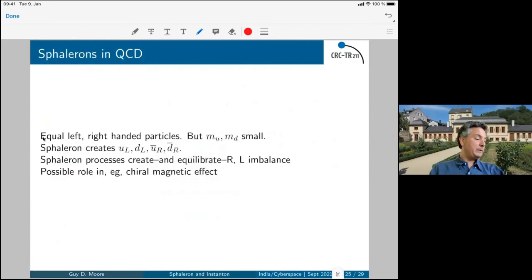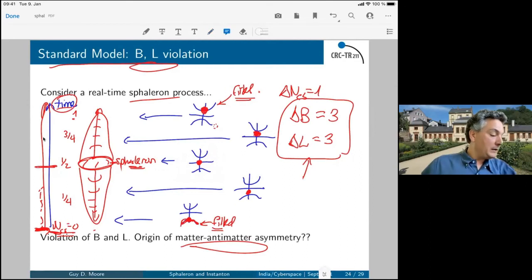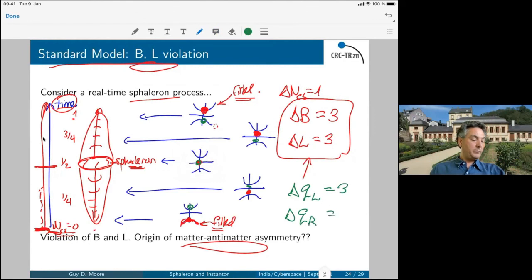And there could also be applications in QCD. If in heavy ion collisions one somehow produces a left-right imbalance, then this same process happens in the left-handed guys, but in the right-handed guys, a particle at the top finds its way down to the bottom, and so you would have a delta Q left of 3 and a delta Q right of -3.